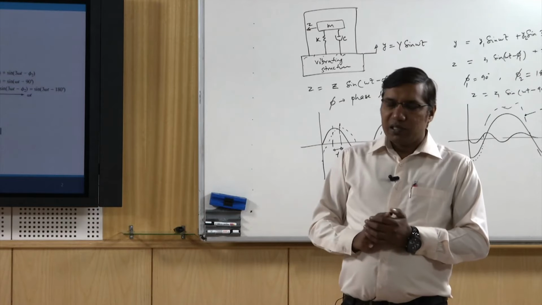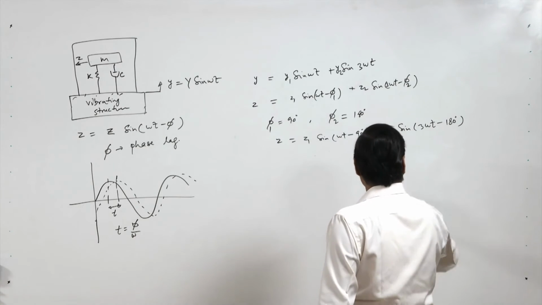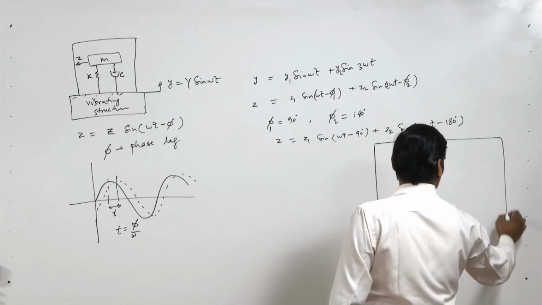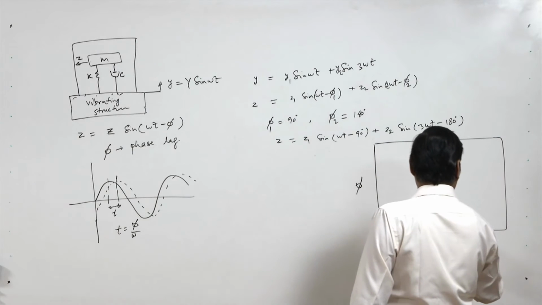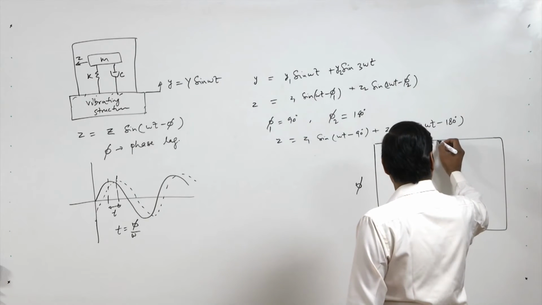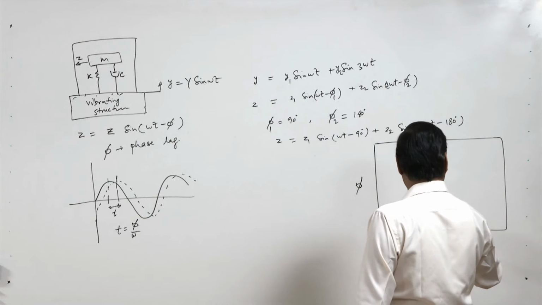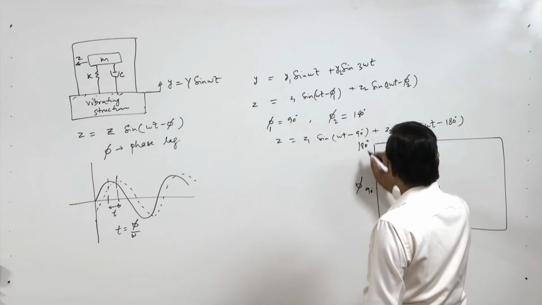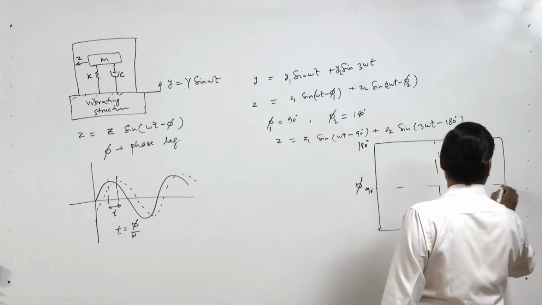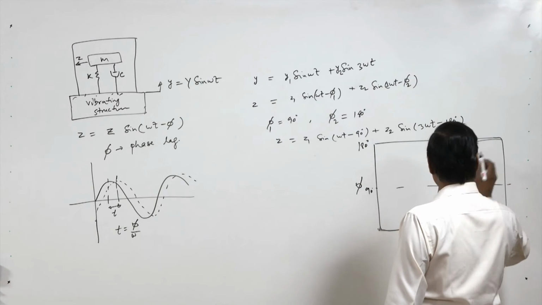So let us first discuss the vibrometer. We can understand these things with the help of the phase plot, phi versus r. So this is the phase plot, and it is like this.